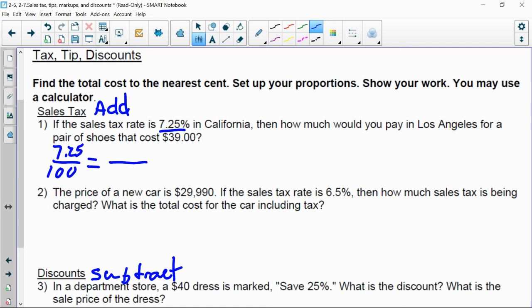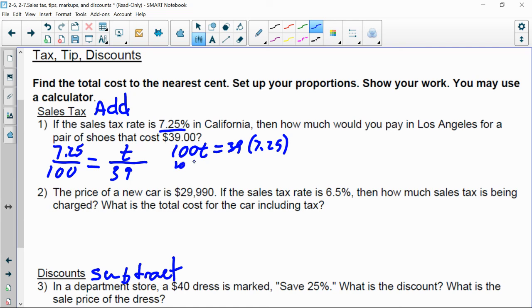And sometimes taxes are decimals. $39, and we are trying to find our tax. So 100T, and I don't use S because my S's look like fives, equals 39 times 7.25. And this is where the calculator can come in use. Still showing my work, but I'm using the calculator as a tool.